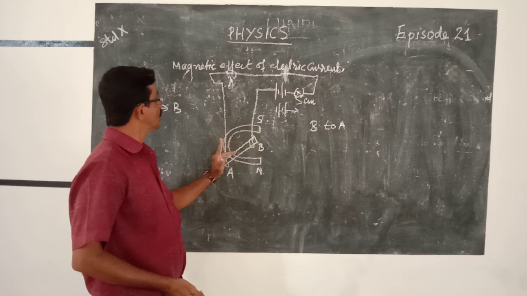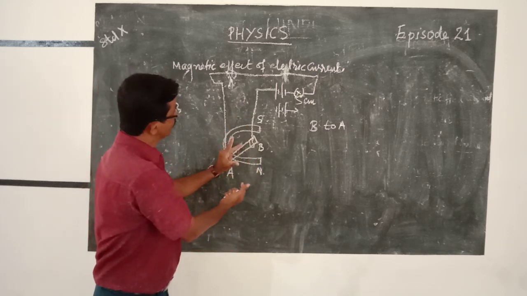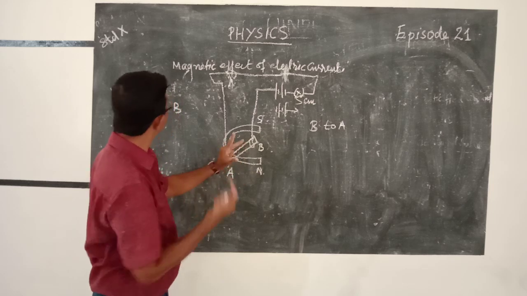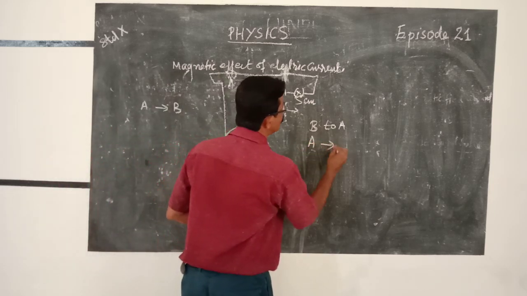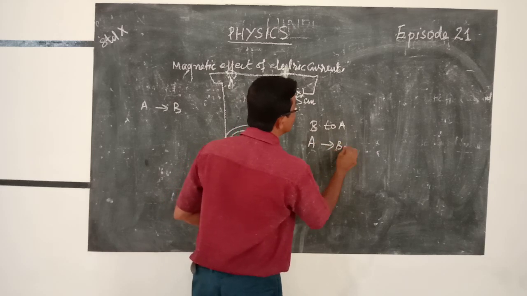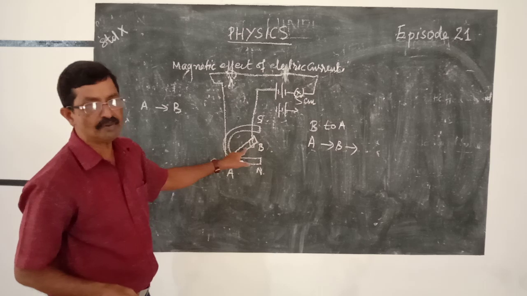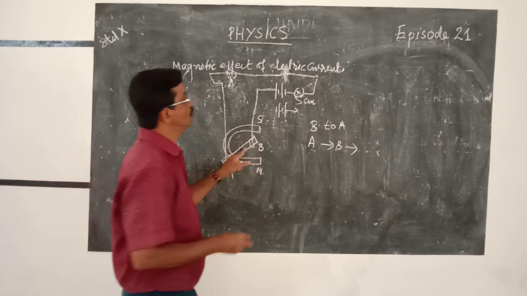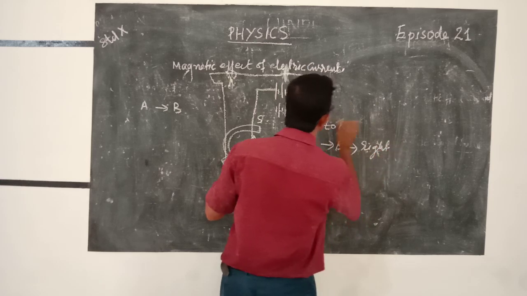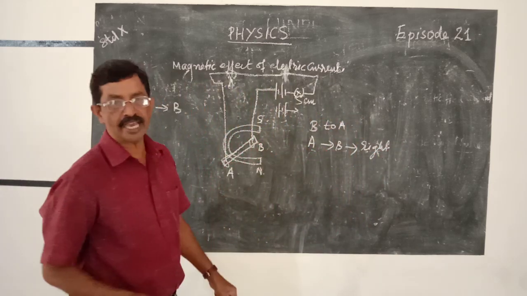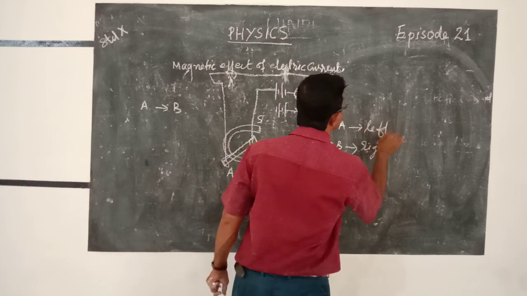See, current is in this direction, magnetic field is in the upward direction, and this one is moving to the right. That is, if the current is moving from A to B, then this aluminum rod which is placed in the magnetic field moves to the right. And if the current is from B to A, it moves to the left.